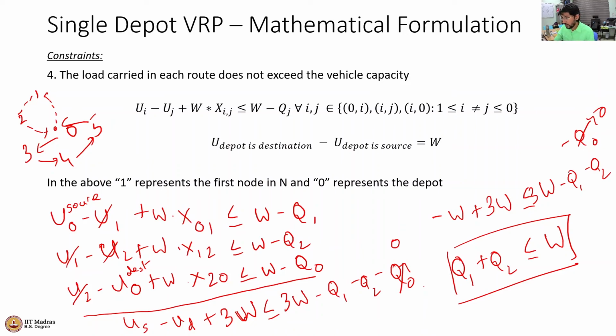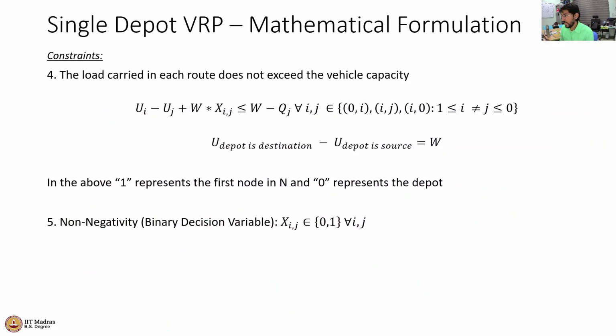So this is the capacity constraint. And finally, we have the non-negativity constraint, which says that our decision variable is binary. And of course, we always have, I believe I missed it here, u_i must be greater than or equal to 0. So that is our constraint.